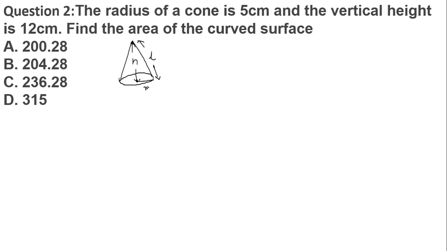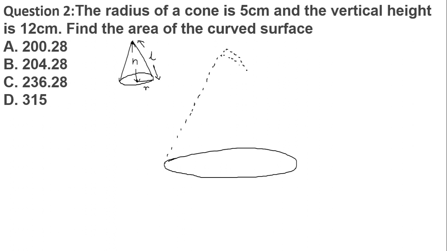If we look at the cone carefully, this particular cone gives us a shape of, just a minute, look at how I'm drawing the diagram. I'm not able to draw it perfectly, but I just want to help you understand the concept.